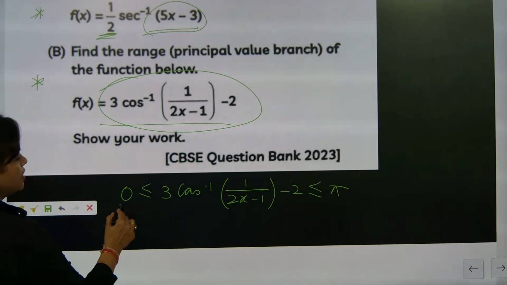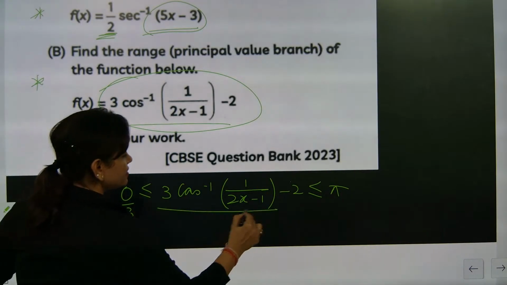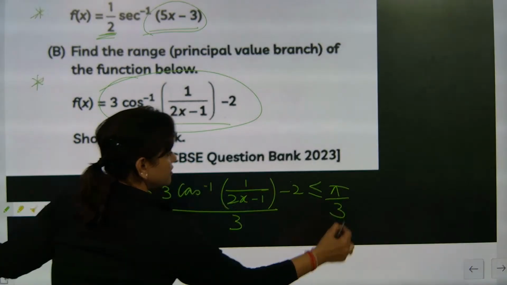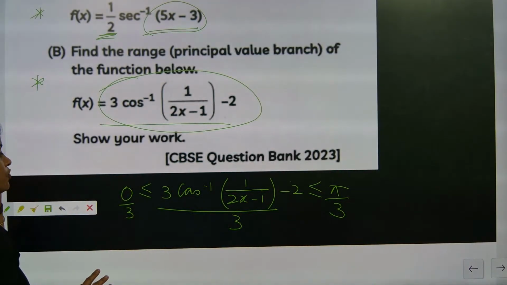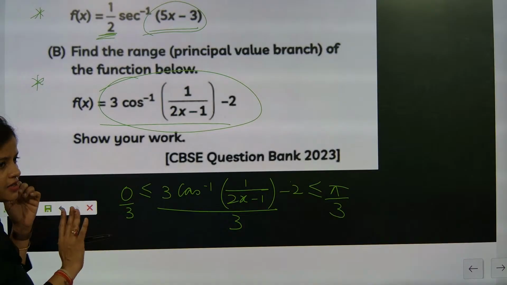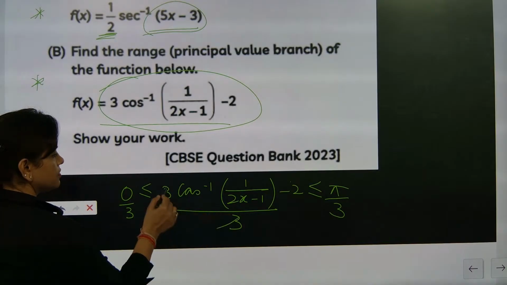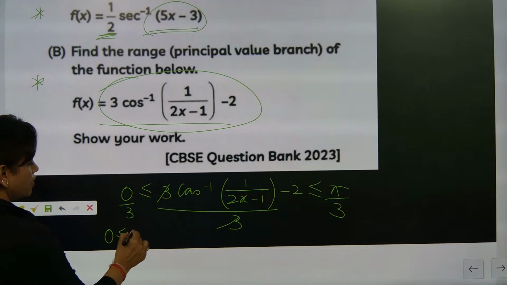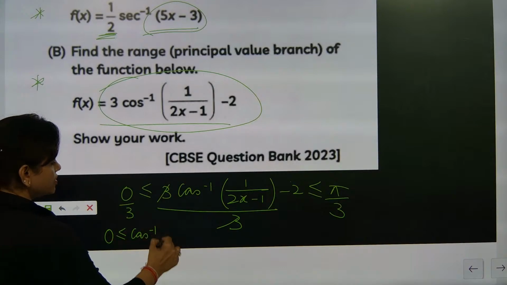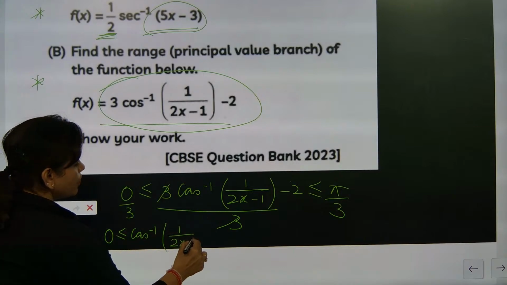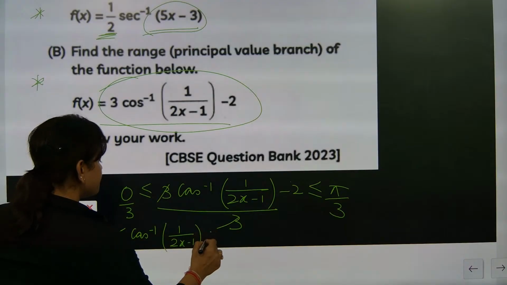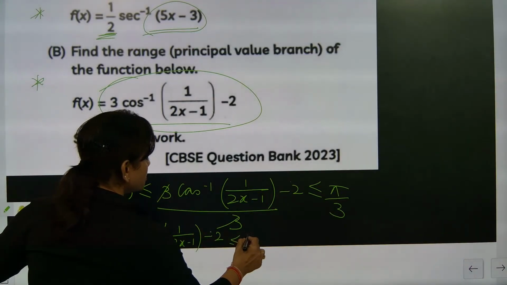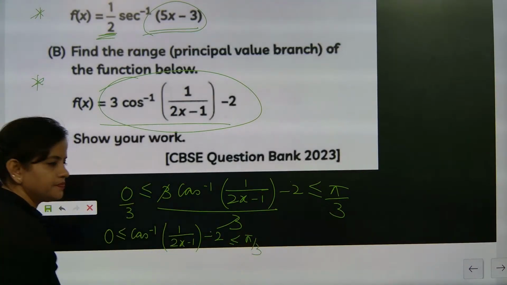First removal, divide every side by 3. Then first removal is divide every side by 3. So 3 is removed. Then what is left: 0 to cos inverse of 1 by 2x minus 1, minus 2, to pi by 3.